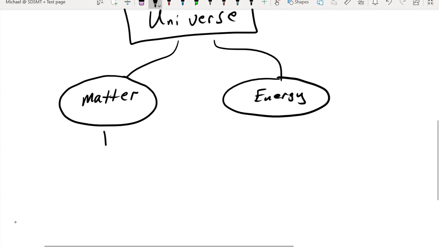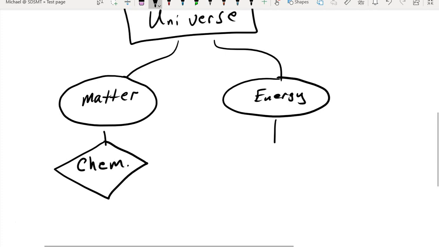If you want to study matter and how matter interacts with other forms of matter, then you take a chemistry class. If you want to study energy and how energy can be released, transferred, transformed, how we can use energy for things like chemical reactions, then you take a physics class.